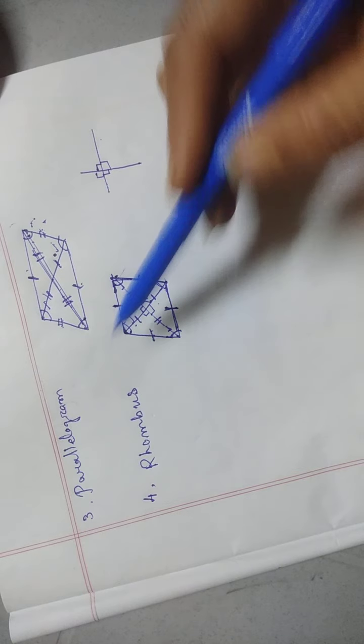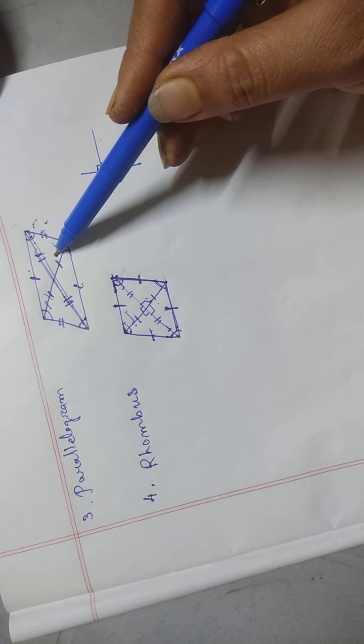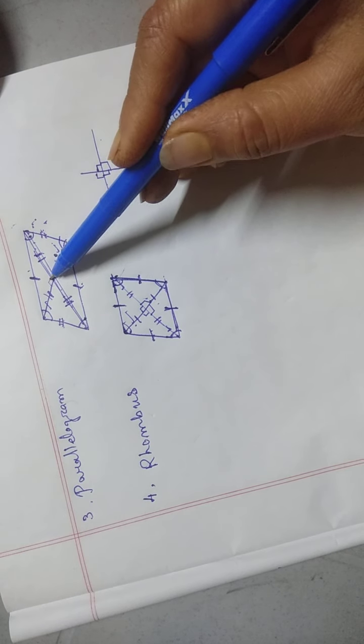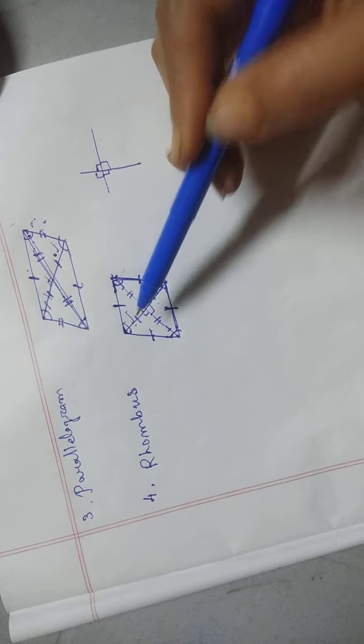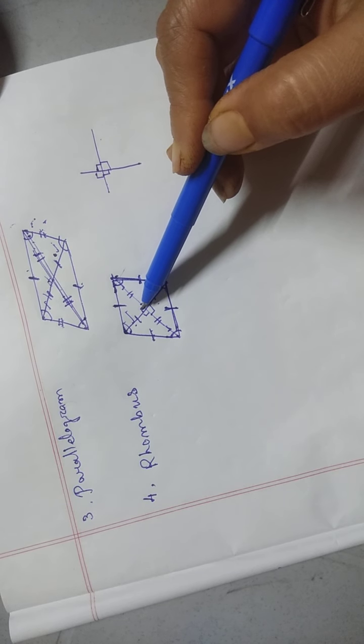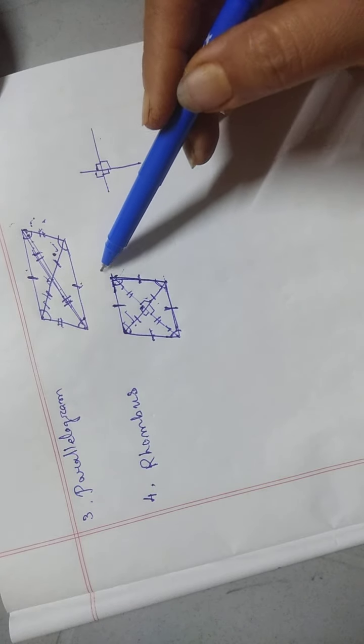So rhombus is perpendicularly bisect, but parallelogram is not perpendicularly bisect. It cannot make 90 degrees here. Here it does not make 90 degrees, but in rhombus, at the intersecting point, it forms 90 degrees. That means this is a rhombus.